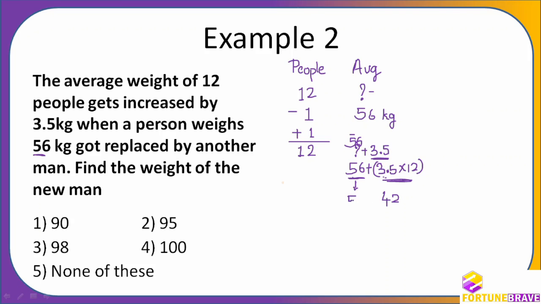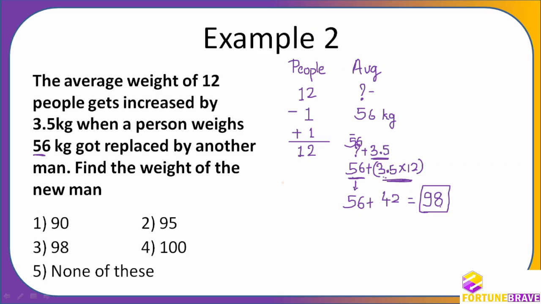So he should have 56 plus 42 to increase the average weight of each one person including himself. So he should have how much? 98. This was a simple question because this is direct, as good as inclusion. But in inclusion, the number of people will increase.